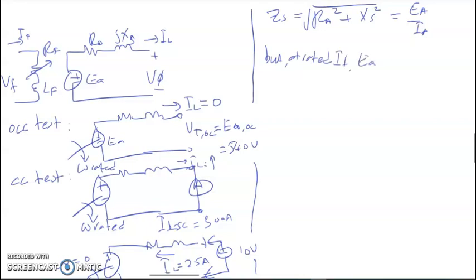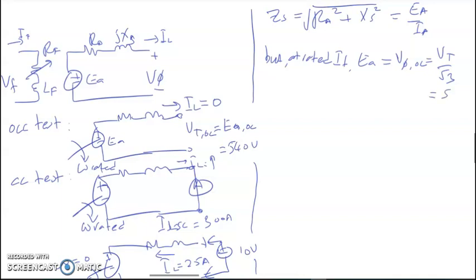But at rated field current RF that we measured just now, we adjusted RF, increasing it accordingly until it reaches the rated value of 5 ampere. So we found that the V phase at open circuit, from the open circuit test, is 540 volt.